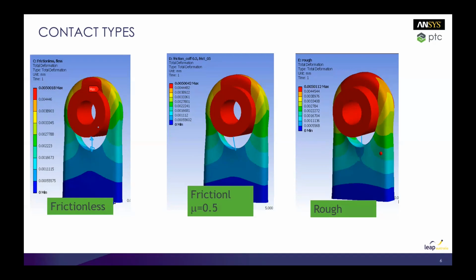With frictionless, there's a lot of sliding going on around the pin as well. With frictional, whether it slides or not will depend on whether it's overcome the static friction. With rough, there's basically an infinite friction coefficient.